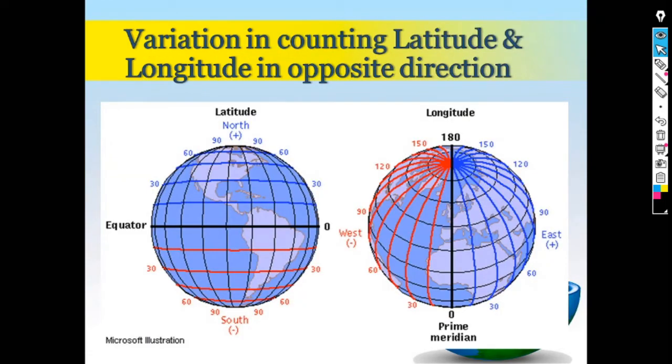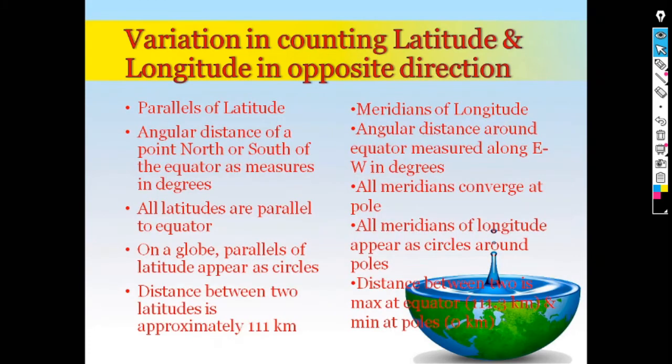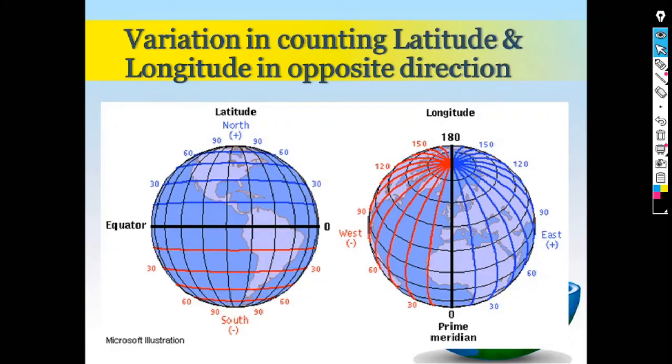Now let's talk about variation, or how to read this. When you are reading this latitude and longitude on a 2D map, you will have to read it in the opposite direction.